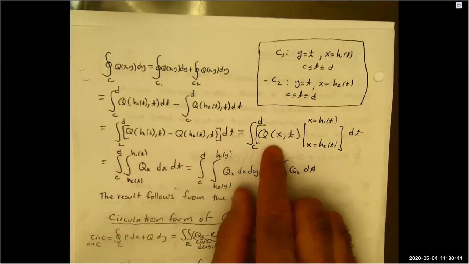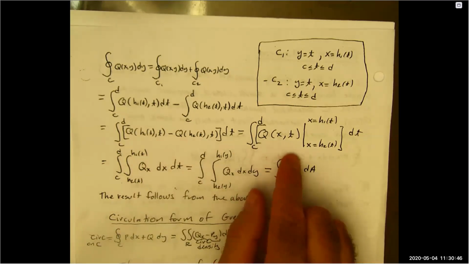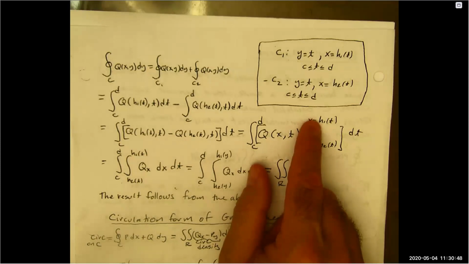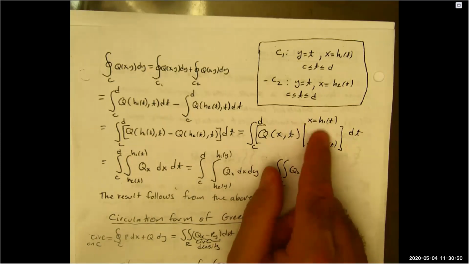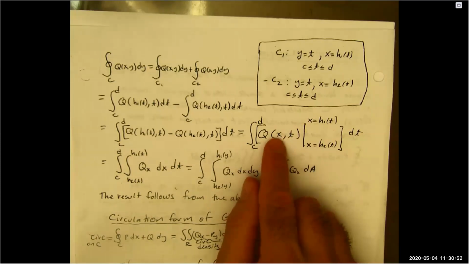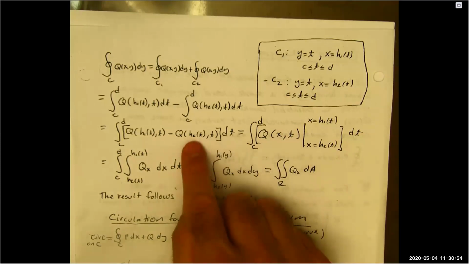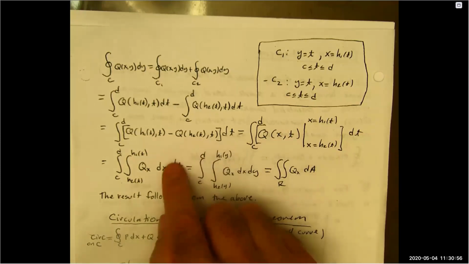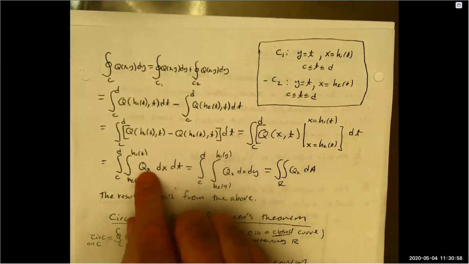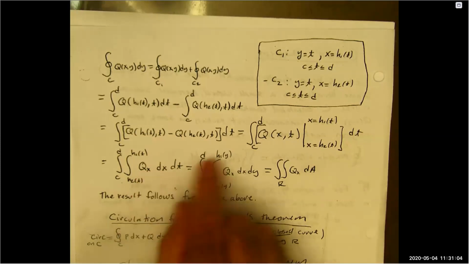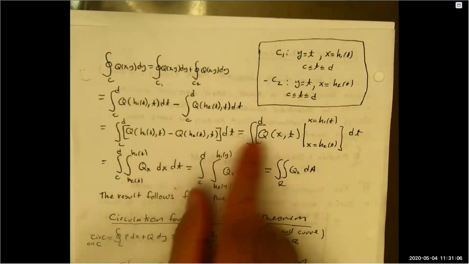And then we can write this as Q of x(t), and then we have the limits here. So if we put in these limits and subtract, we would get right back to here. And so this is the same thing as Qx dx, because when you integrate Qx with respect to x, you just get Q. So that would put you right back to here.